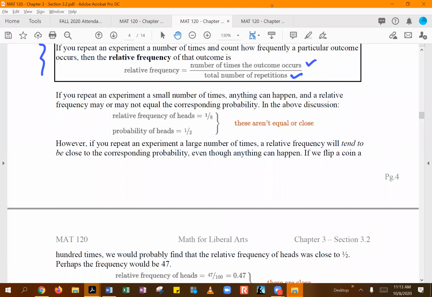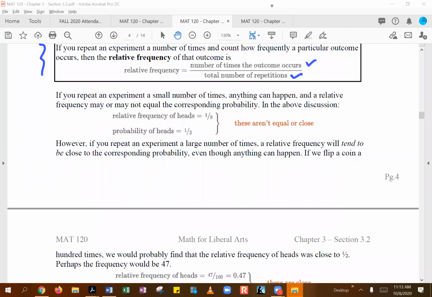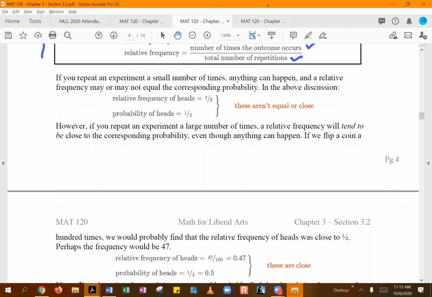If you have a coin easily available, you can try doing a small experiment: flip your coin 4 or 5 times and see how many times you get a head, just a quarter or something like that. And you will see our probabilities are not always going to end up matching, like you saw with this relative frequency over here.